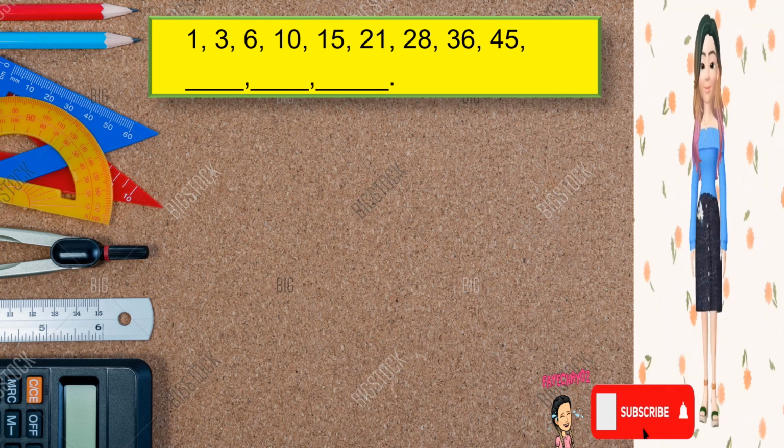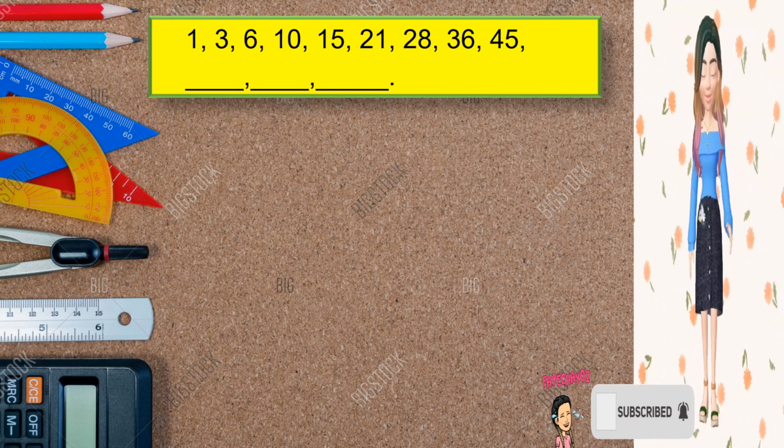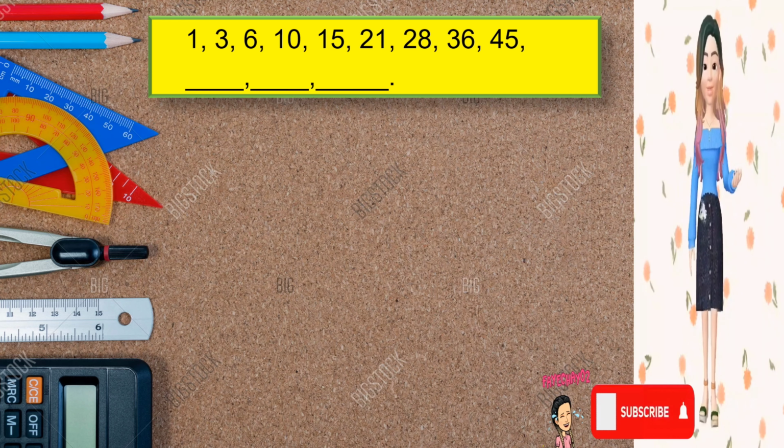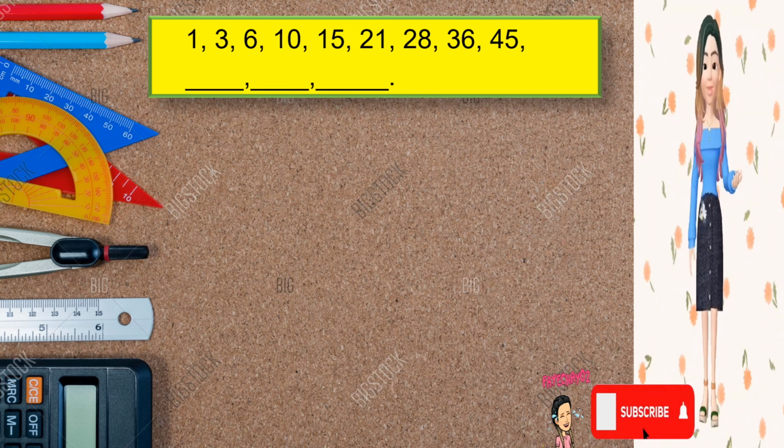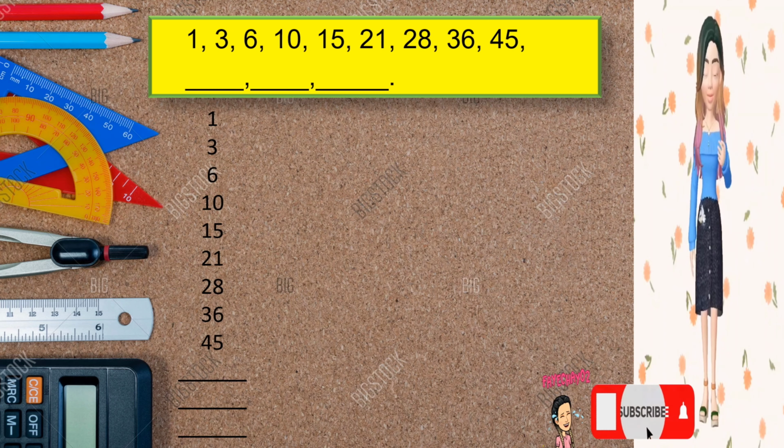This time, we're going to find the missing 10th term, 11th term, and 12th term. Ngayon, ang gagamitin natin ay yung pattern na na-discover natin kanina. Para makuha natin yung 10th term, 11th term, and 12th term, let us write first the numbers in column.